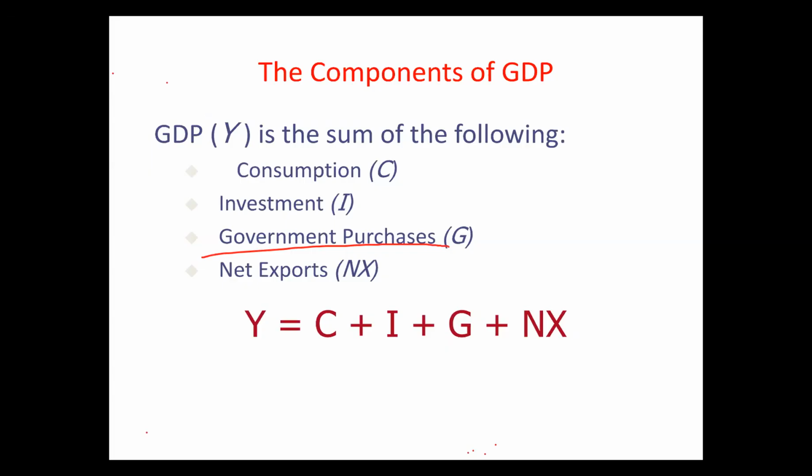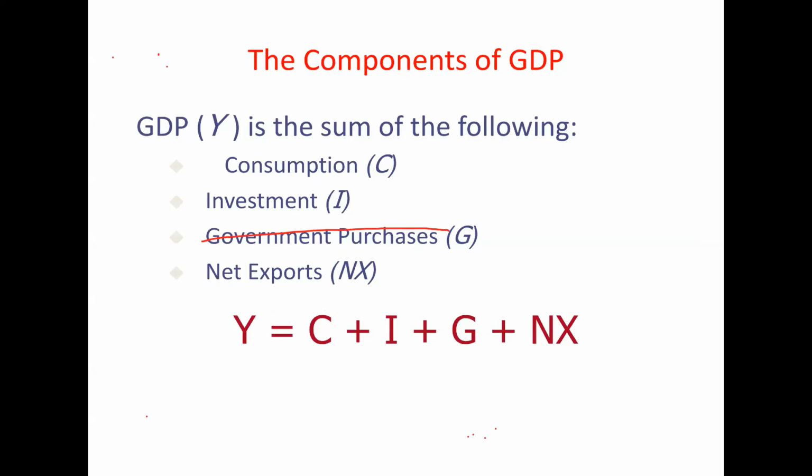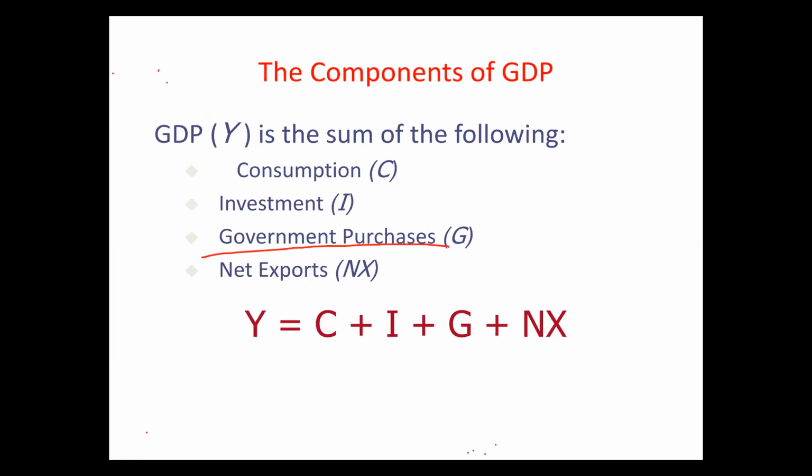So it buys services, it buys goods from companies. So as long as it is the government that has bought, we call them the government purchases. Is that okay? It's clear. Okay, thank you.